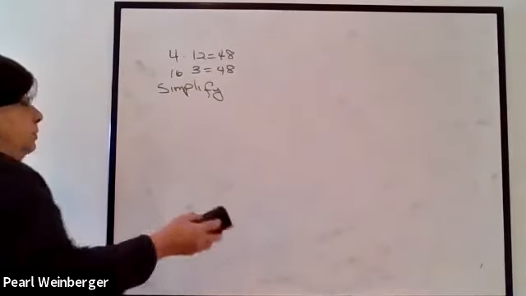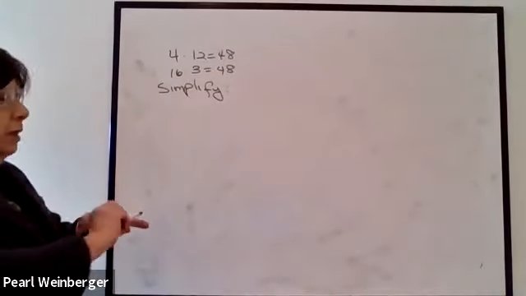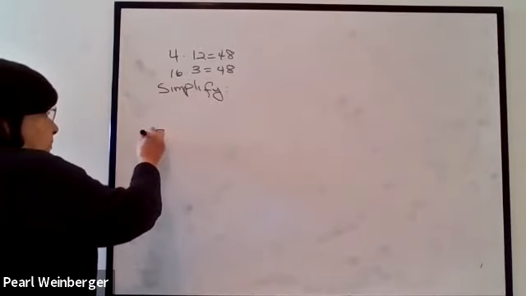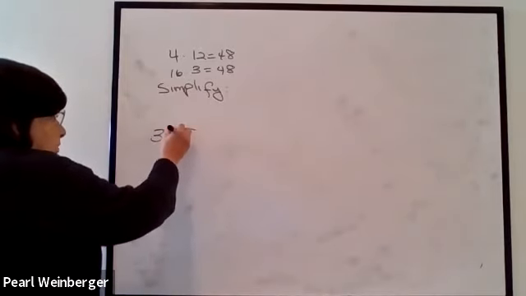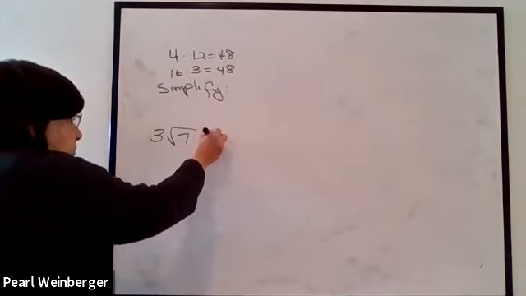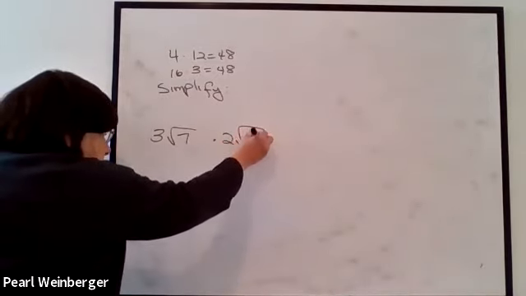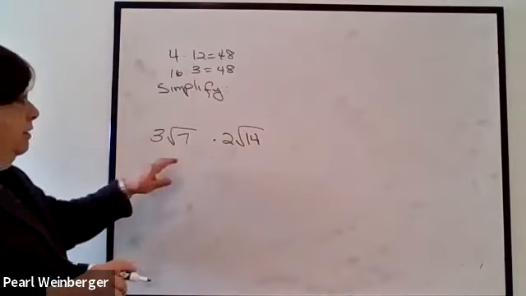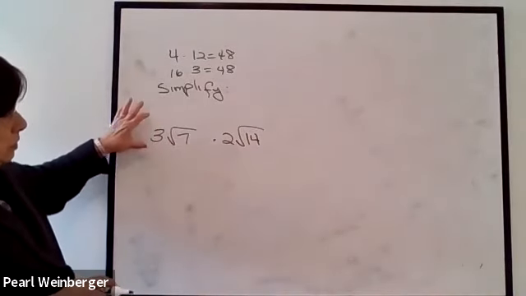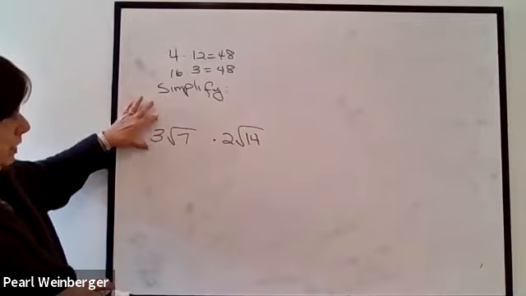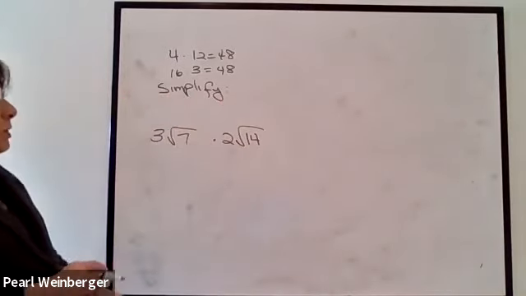But when it comes to multiplying, let's say I have 3 radical 7 times 2 radical 14.